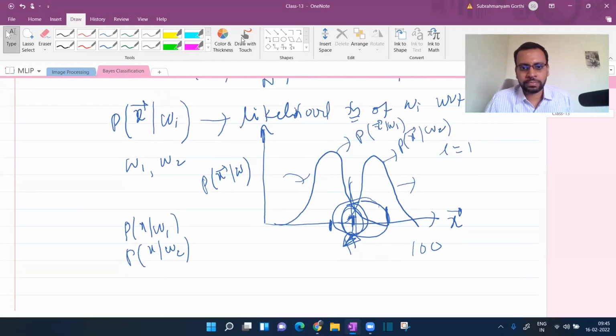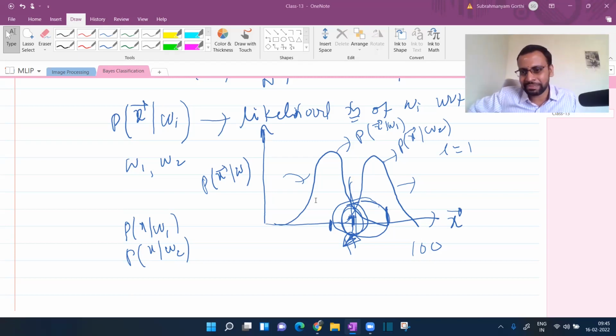Sir, can there be a common feature shared by class 1 and class 2? If it is shared, then n1 plus n2 equal to n will not be possible. What you mean is, can a given feature vector or sample belong to both classes?